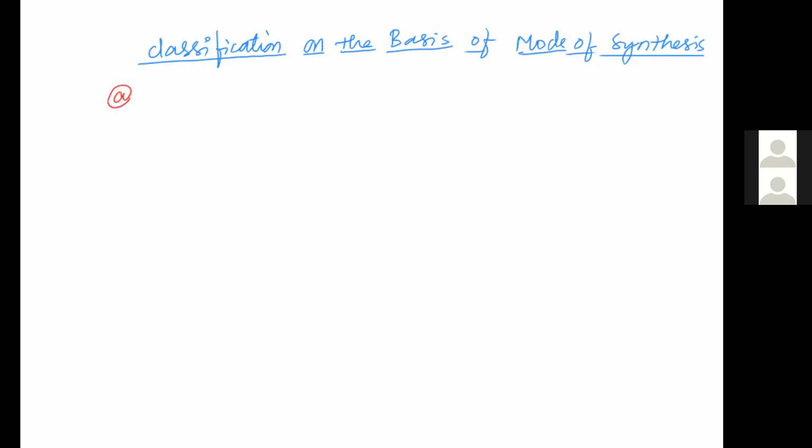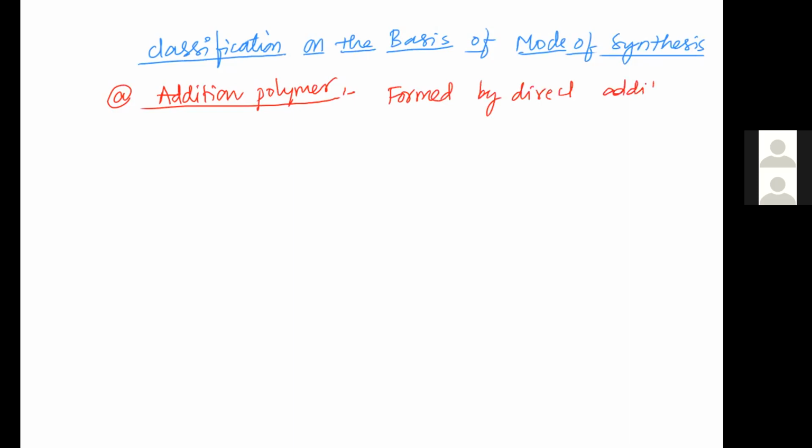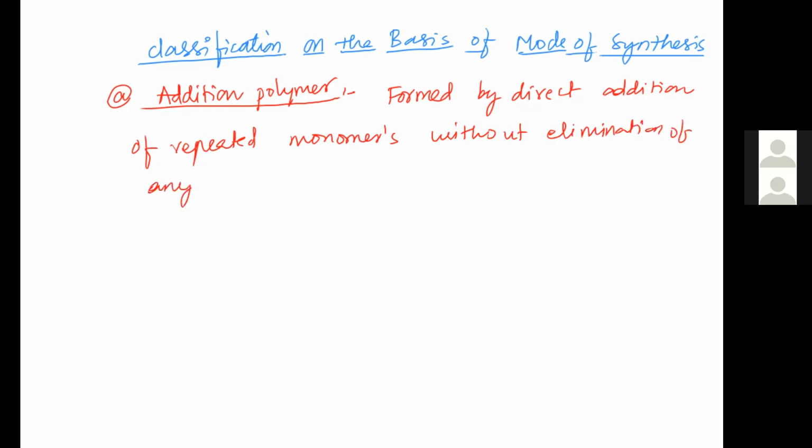First is an addition polymer. Addition polymer means, you know how it is formed, no? It is just formed by direct addition of repeated monomers without elimination of any byproduct molecules.